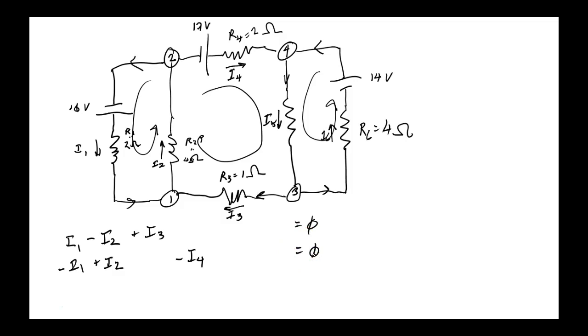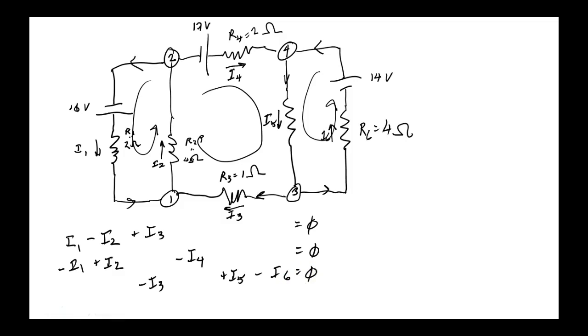The third junction down here has I3 leaving it, so minus I3. It has I5 coming into it, and I6 leaving it. So that's equal to 0.